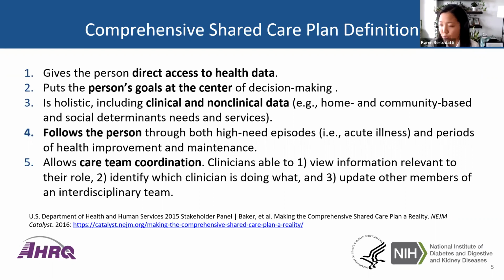And then it also allows for care team coordination. So all this data would be able to be shared with the entire care team. So that's both providers as well as caregivers, the patients themselves, any other allied professionals, etc. So that is the care plan that we're working with.